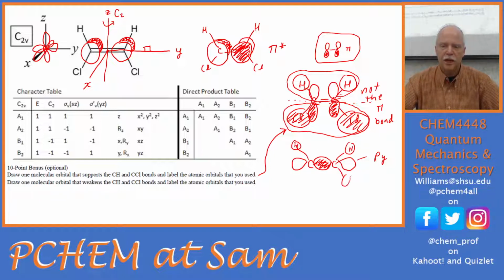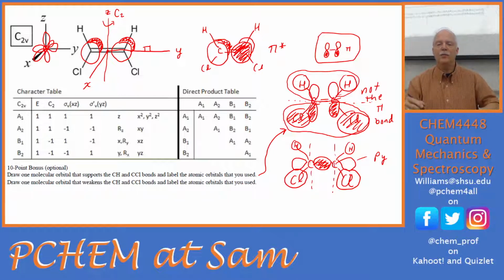Since they're in the plane, then they have to interact. And so this would be one that supports the bonds of all four, the CH and the CCl, and it actually strengthens the CC bond too. And it has two nodes. So this one would be higher energy than the one above it.